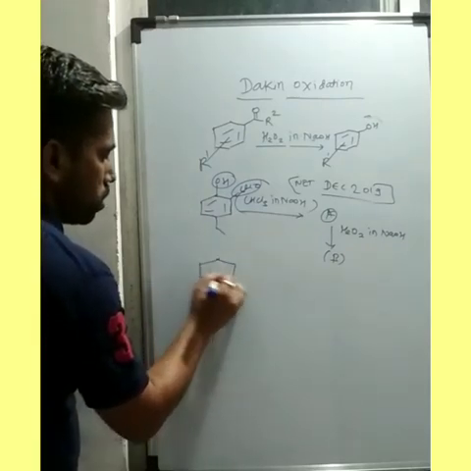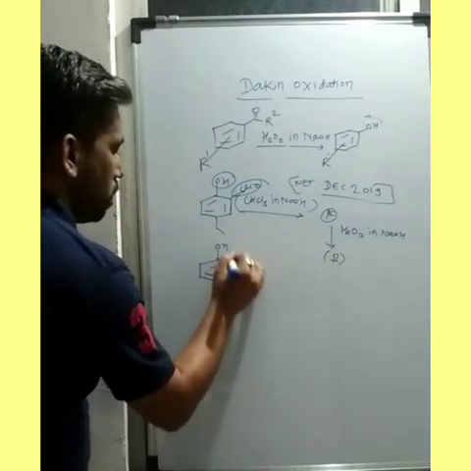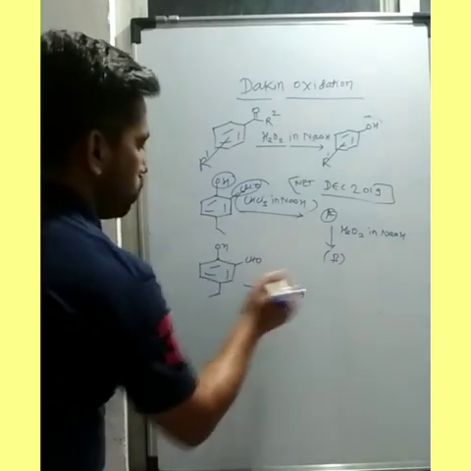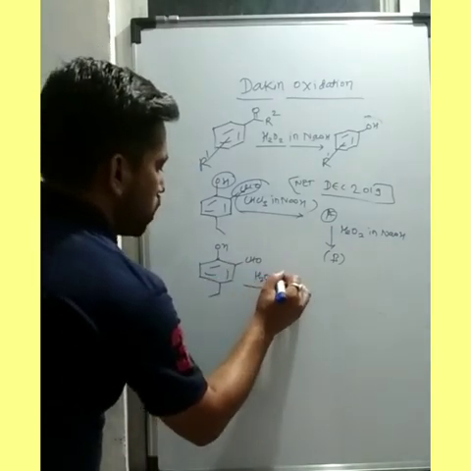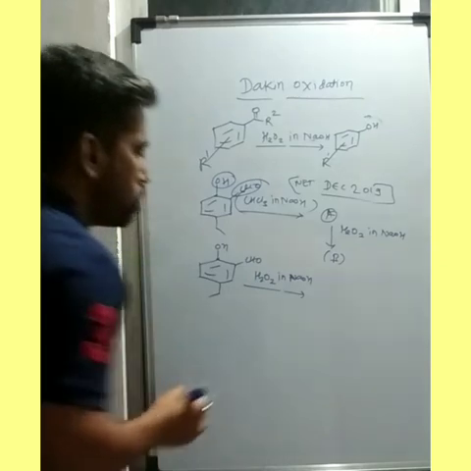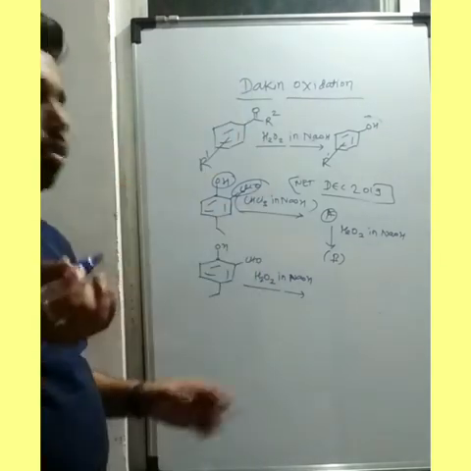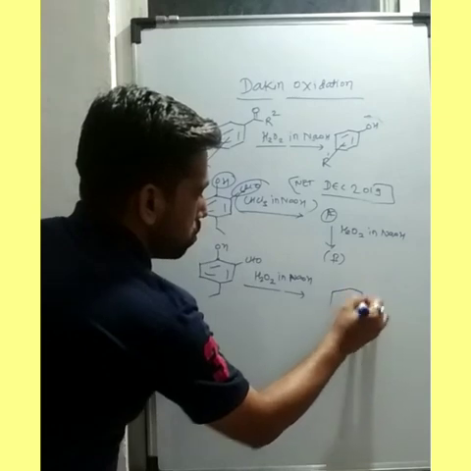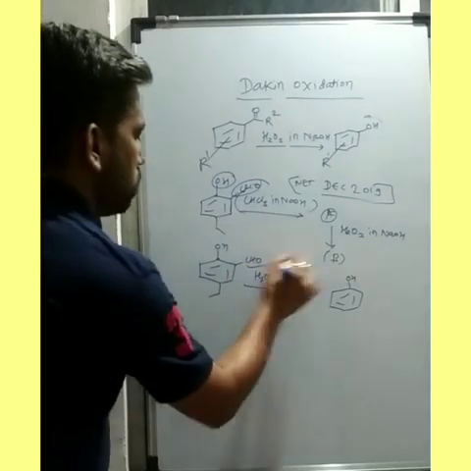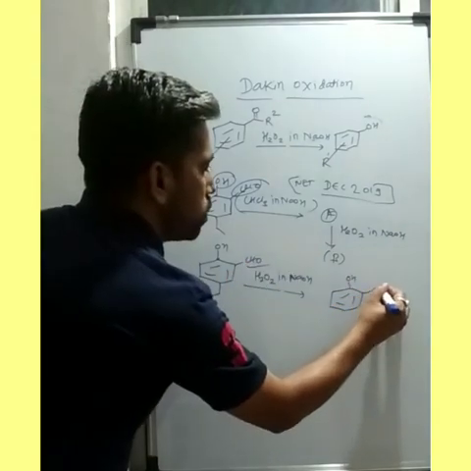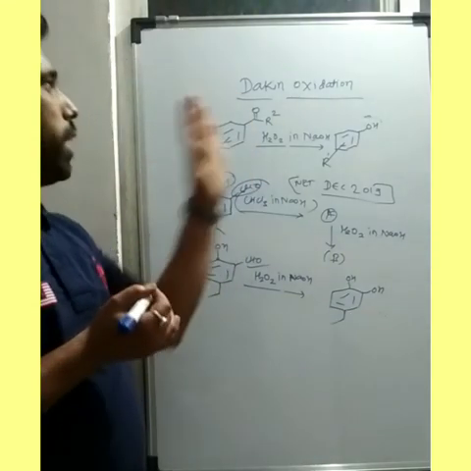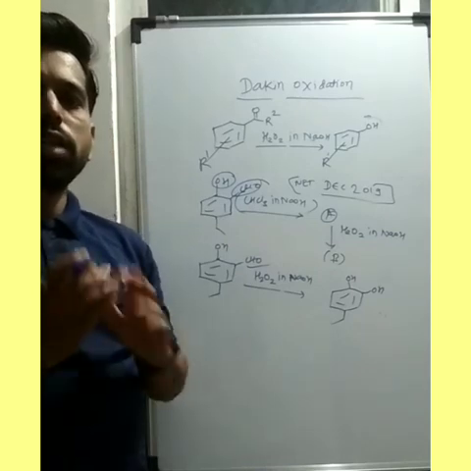So we get A as CHO at this position. Now again reaction with hydrogen peroxide in sodium hydroxide. This is the condition for the Dakin oxidation reaction, so it is very simple. As we know the trick for this reaction, CHO is converted into the corresponding OH. This is all about the Dakin oxidation reaction. So we can stop here. Thank you.